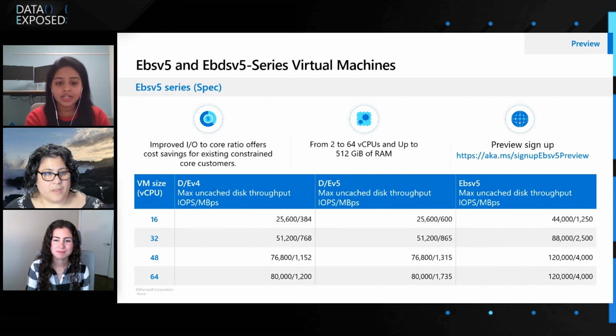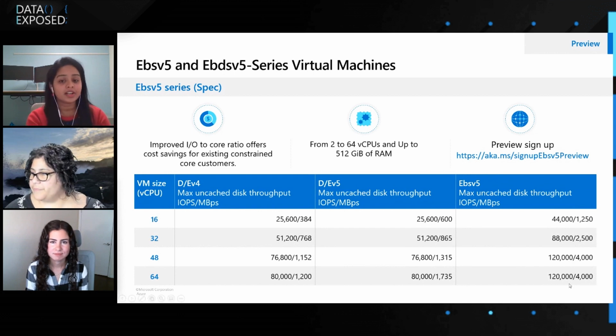So the DV4 and EV4 series offers a maximum of 1,200 megabytes per second, and the DV5 and EV5 series, if you see on the last line of a 64 vCPU size, it comes with 1,735 megabytes per second. Now, this is a 45% increase from the previous generations.